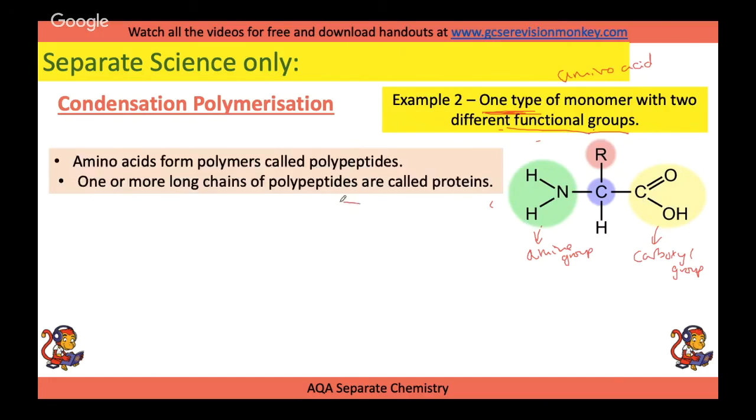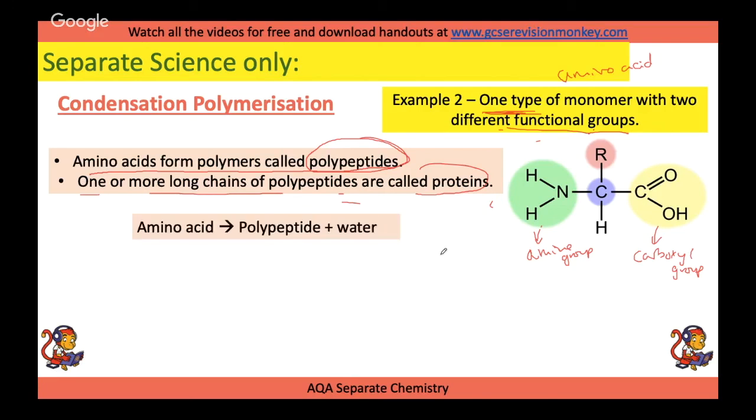So if we want to add amino acids together, they form polymers called polypeptides, which is essentially a protein. Okay, because 1 or more long chains of polypeptide is called a protein. And if you link back to biology, you know that they can fold up to make specific proteins and specific hormones and enzymes and things like that.